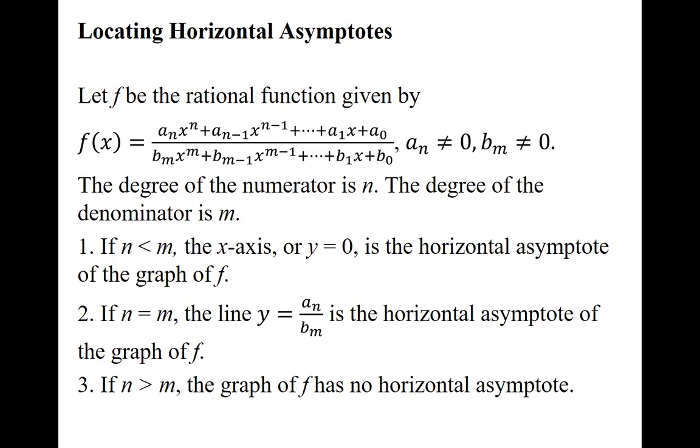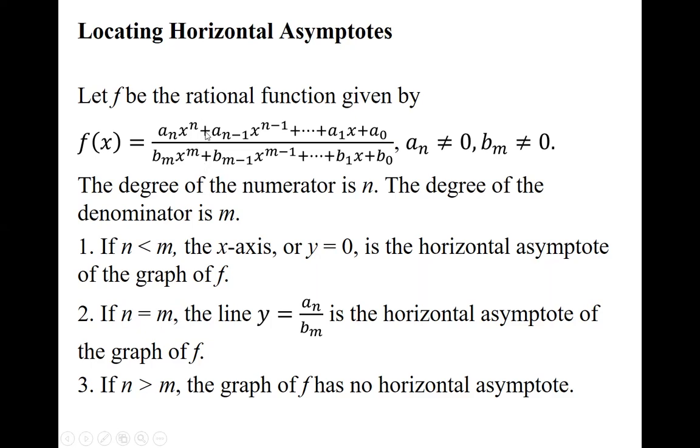Let f be the rational function given by this polynomial over polynomial. We have an a polynomial on top, a b polynomial on the bottom. They have different degrees. The degree on top, the highest power, is n. The degree on bottom, the highest power, is m. Now I'm going to do condition 2 first because I love condition 2.